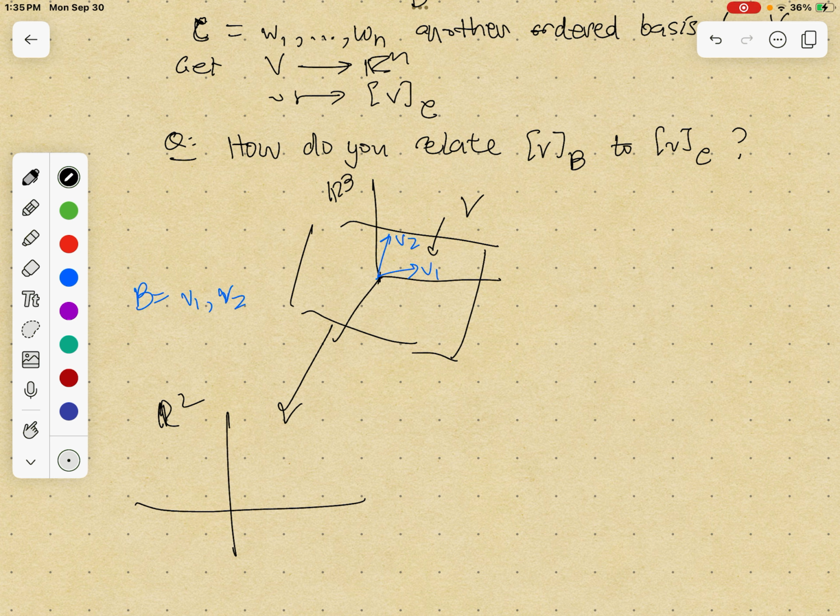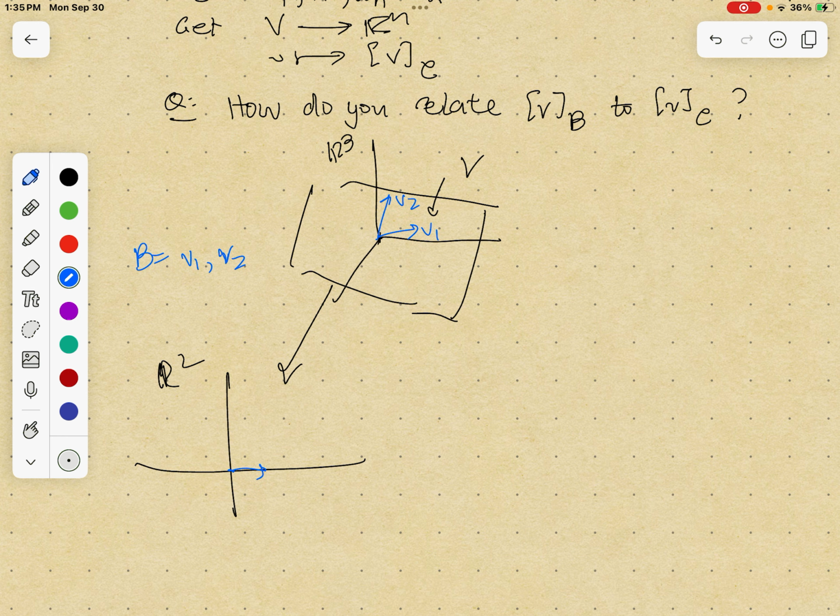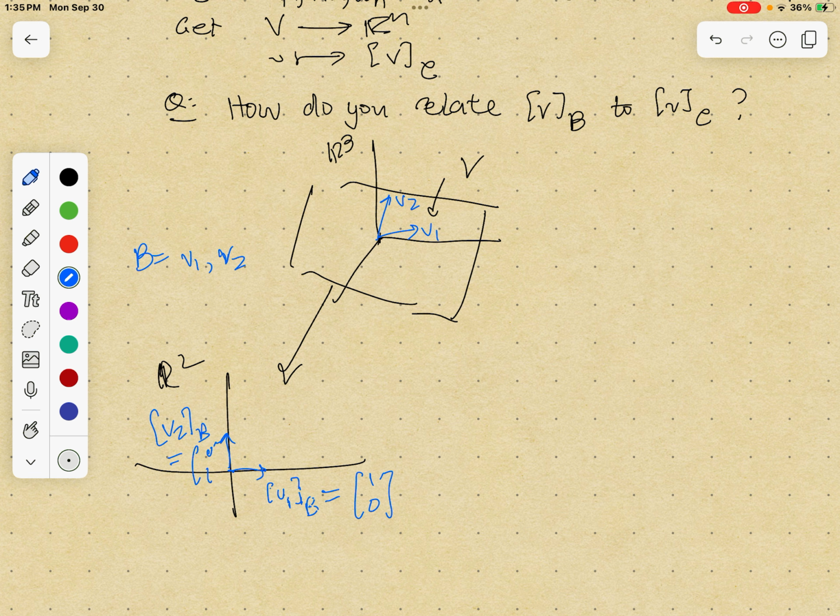Okay. And let's just remind ourselves that the coordinates of V1 relative to B is just E1, right? So the coordinate of V1 relative to B is just the vector 1, 0, and the coordinate of V2 relative to B is 0, 1.